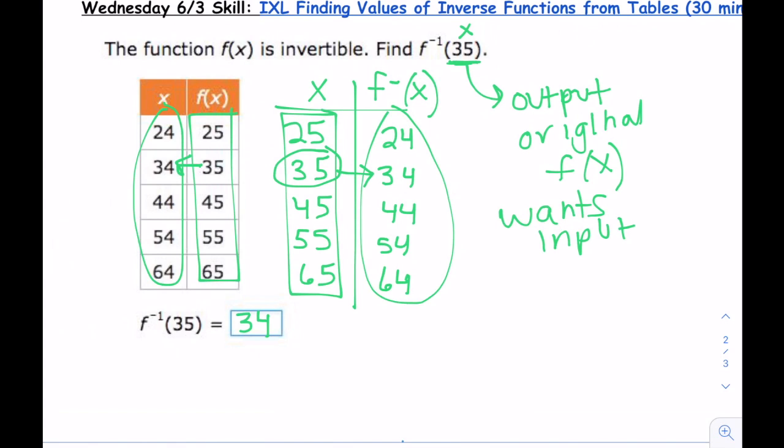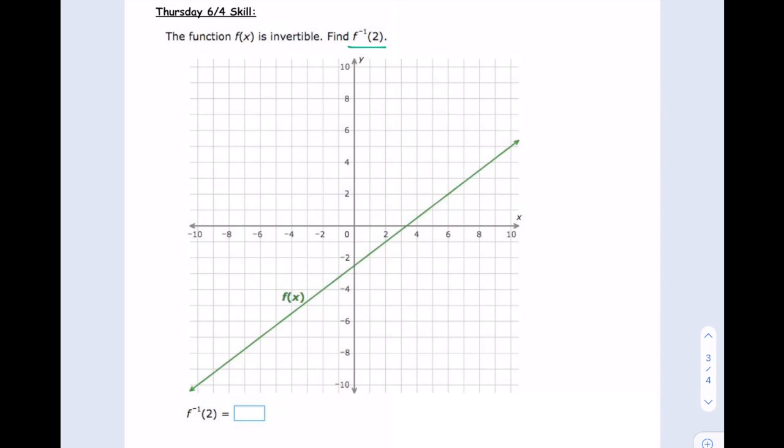Another quick example is if it asks for f inverse of 45, I could just look up here where the output of f of x is 45 and find its input, 44, because I know when I do the table that it will just be in reverse order. Okay, same idea for a graph. Inputs and outputs switch.